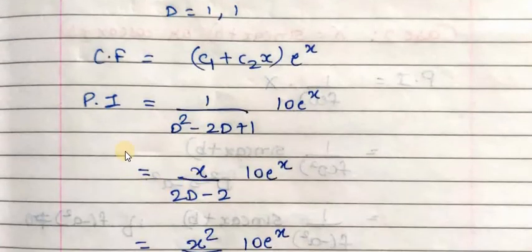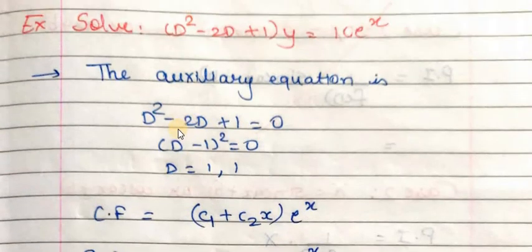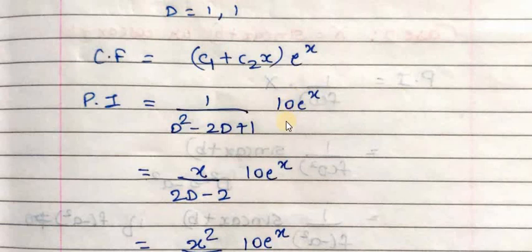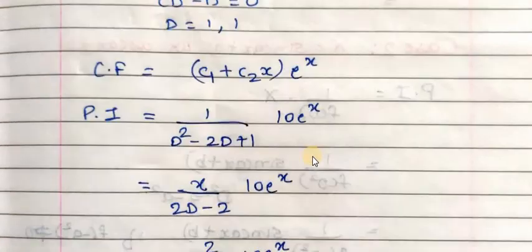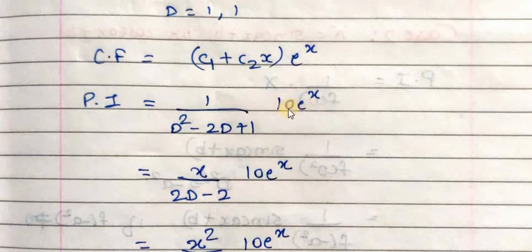Okay, now PI is given by the formula 1 by function of D times X. Function of D is D square minus 2D plus 1, and X is 10 into e raised to 1x. Now if you replace D by 1, that is the value of a, it will become 1 square minus 2 into 1 plus 1.